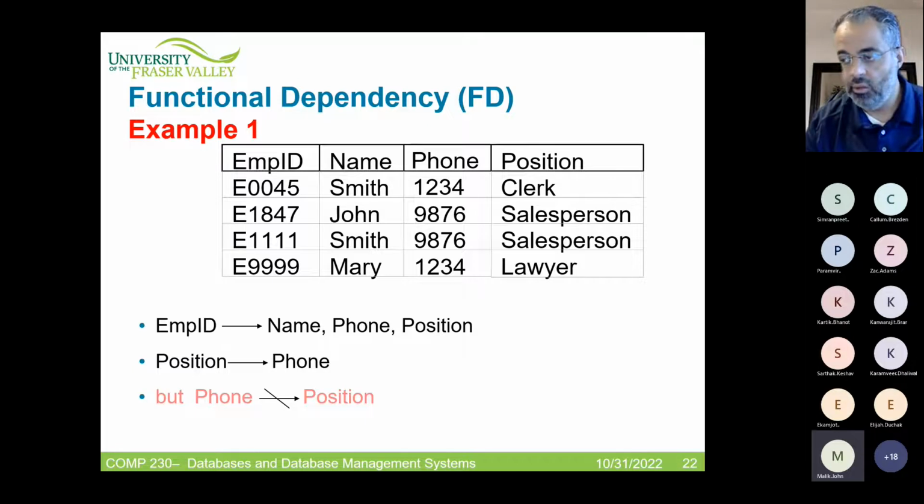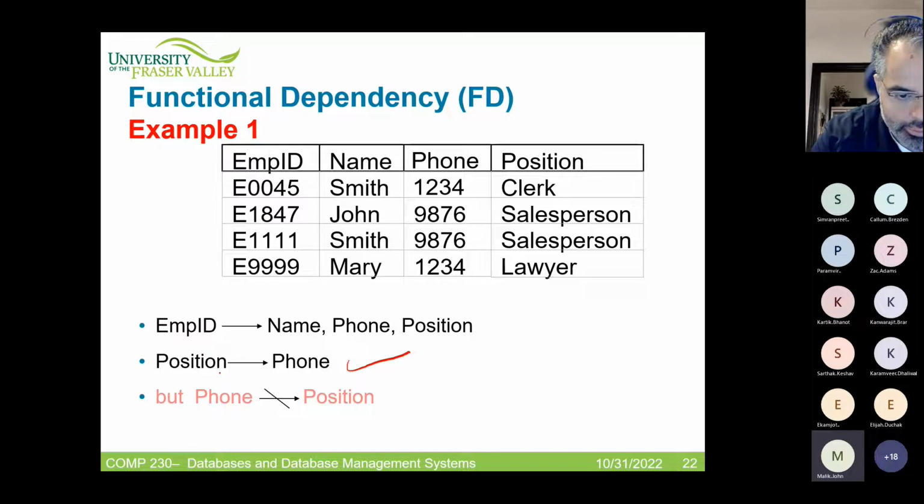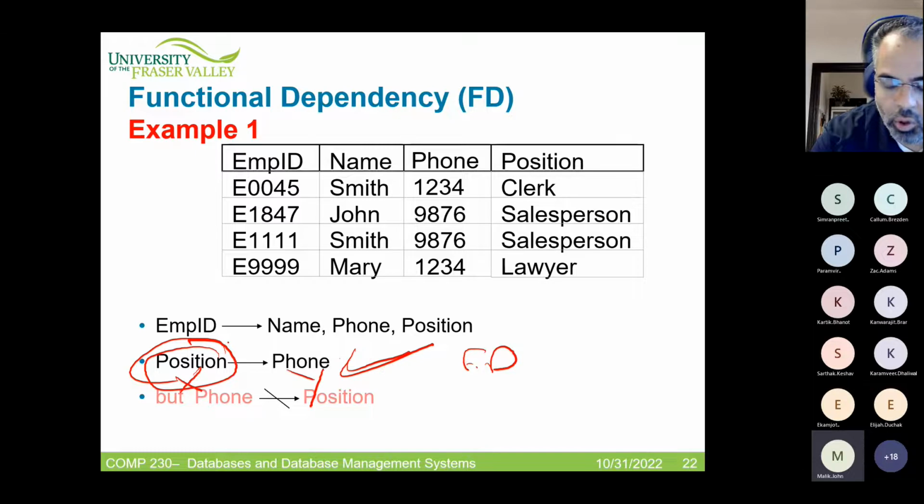Let's see the functional dependencies. What is the relationship? Let's take the simpler one first. So position gives phone. This is the X part and this is the Y part. If this is a functional dependency, then each value of X should be related to at most one value in Y. It can be related to another value.